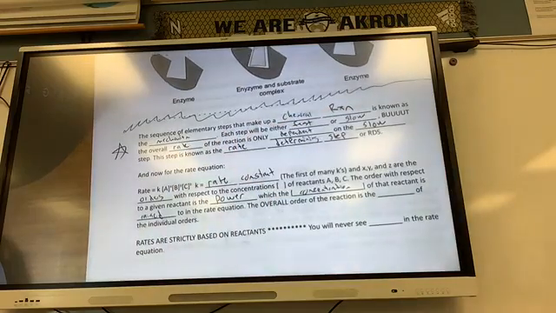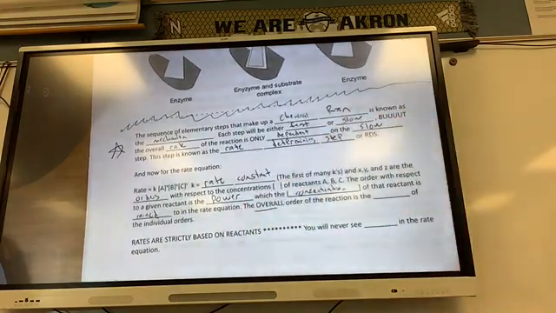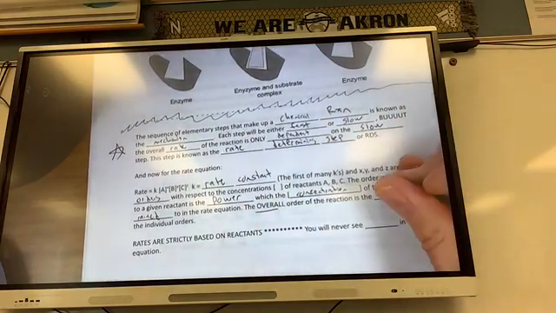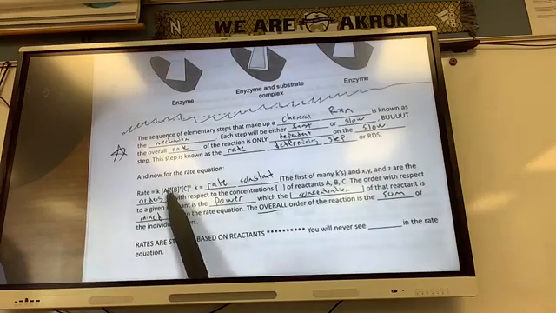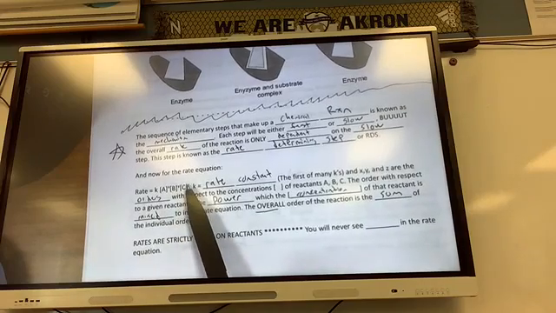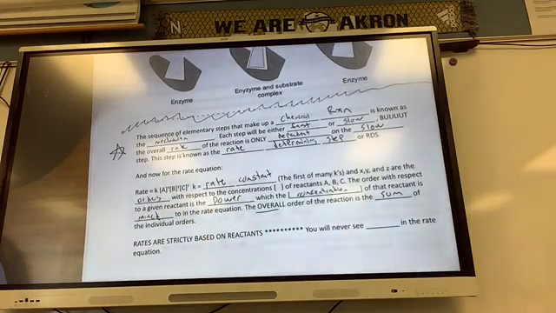The overall order of the reaction is the sum of the individual orders. So if this was a 1, and a 1, the overall order would be 3. So the power still matters. You're adding, because when you multiply exponents, you add them, right?